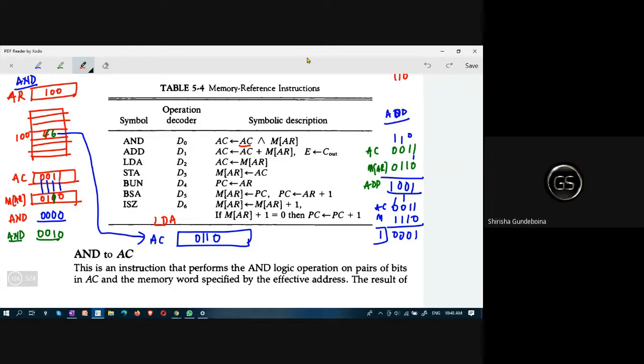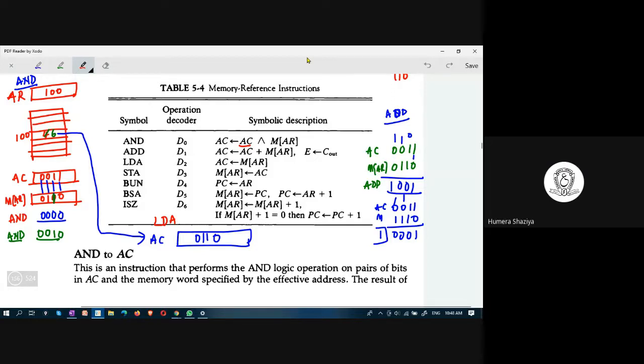It is the reverse of LDA. You are right, absolutely. But what does it mean? What is the opposite of load? Unload is one way. Another way: STA means store.